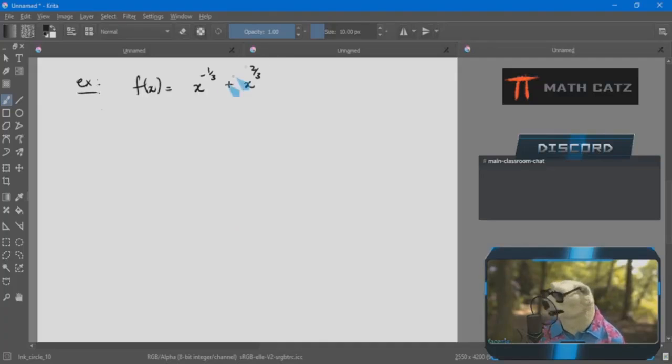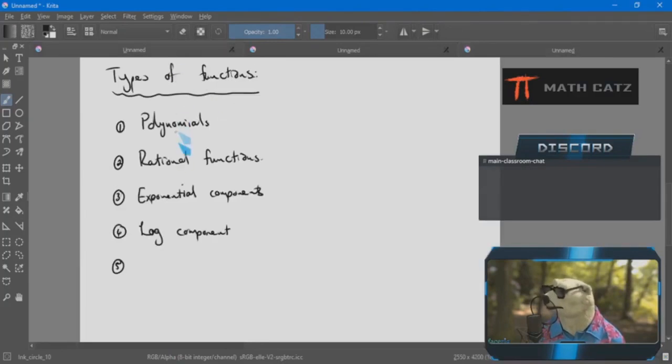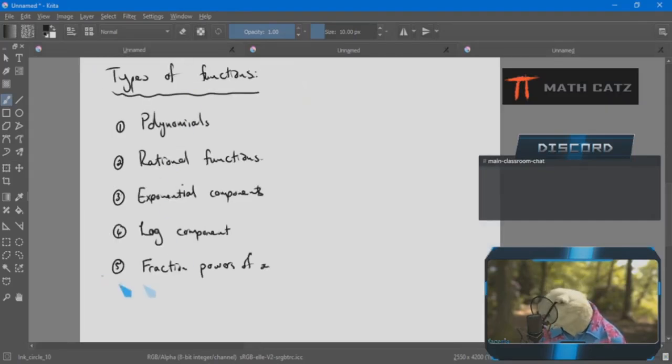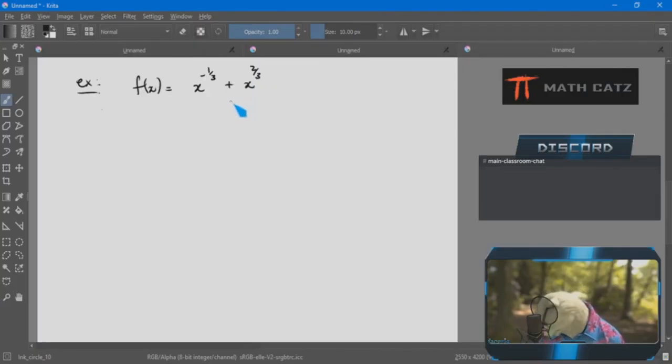Now, luckily, we can group the negative and the fraction powers all together. It doesn't matter if there are negative numbers. It's the issue of having fractions in my exponents. So I'll just call this fraction powers of x. Maybe this guy has a name. I don't know what his name is, because I'm grouping more variety in here than there actually is in classifying these functions, because we don't need to be that complicated.